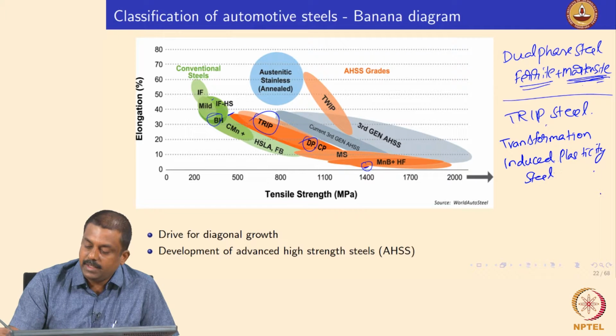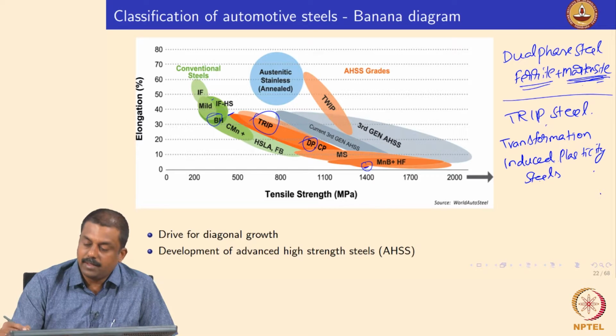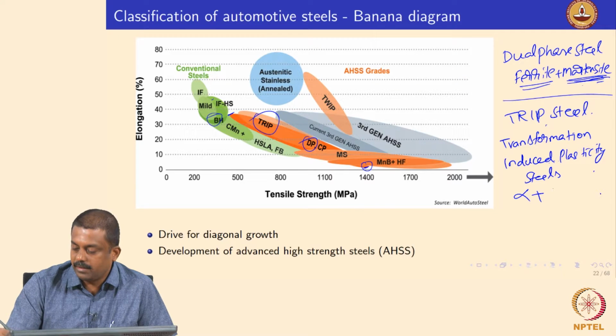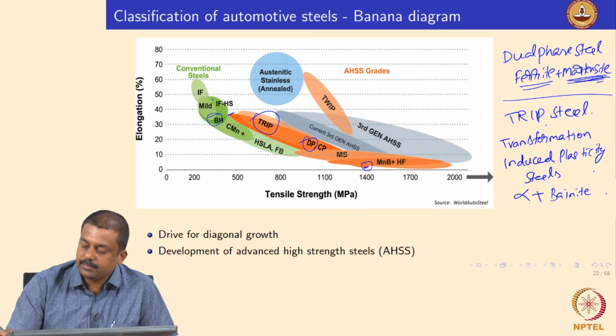I will come back to the explanation of what is transformation induced plasticity in subsequent slides. So right now you can understand that the TRIP steel has a multi-phase microstructure containing ferrite, bainite, and some amount of retained austenite.